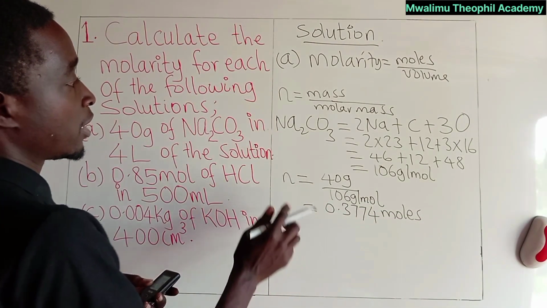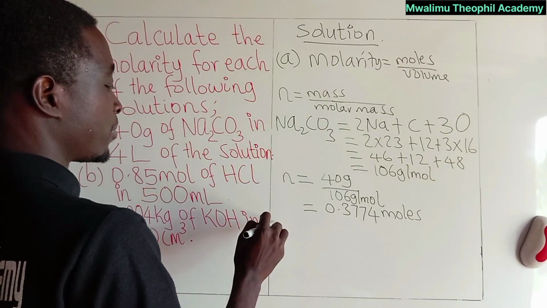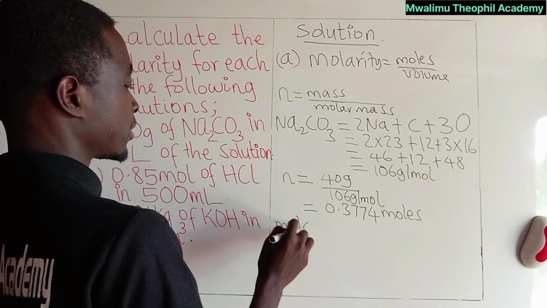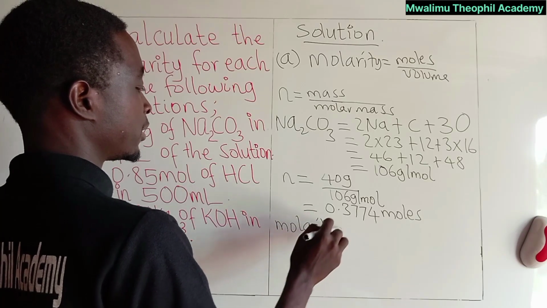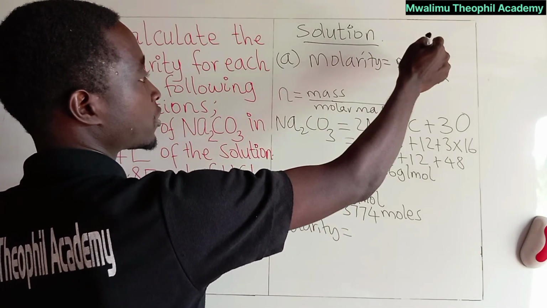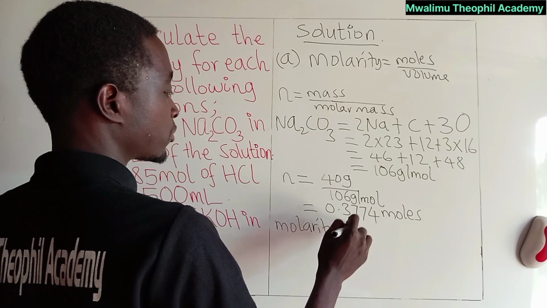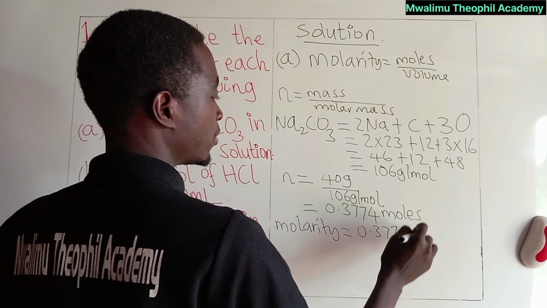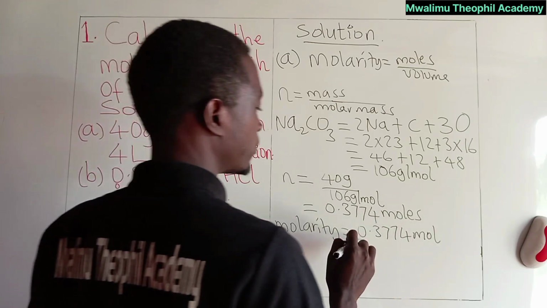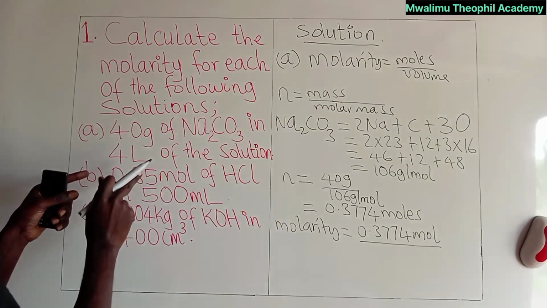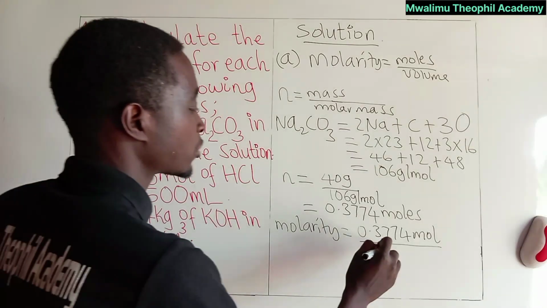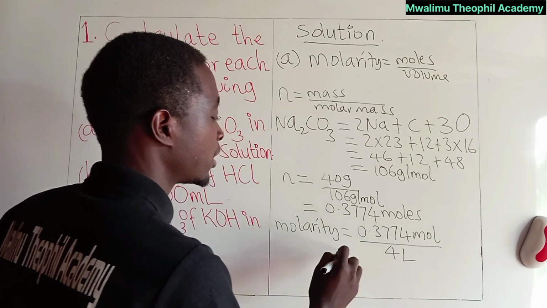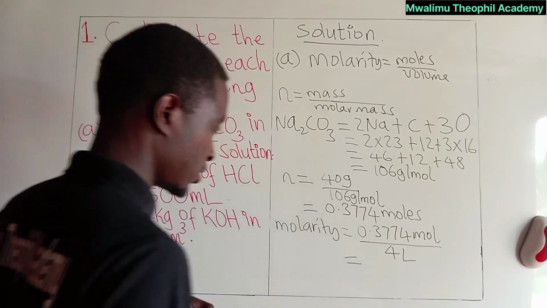After that, let's work out the molarity. Molarity, as we have said, is equal to number of moles over volume. Now it is equal to 0.3774 moles over volume. The given volume of sodium carbonate is 4 liters, so we divide by 4 liters. Now let's compute this.